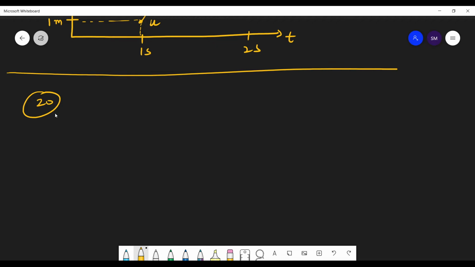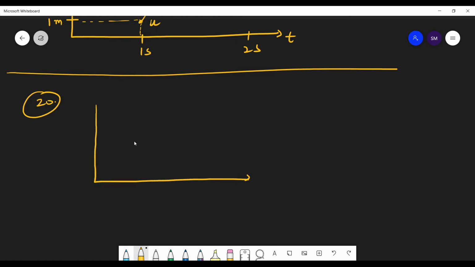The scale is also given. Okay, but still, we will discuss this particular question some other time. But right now, let us do another question.